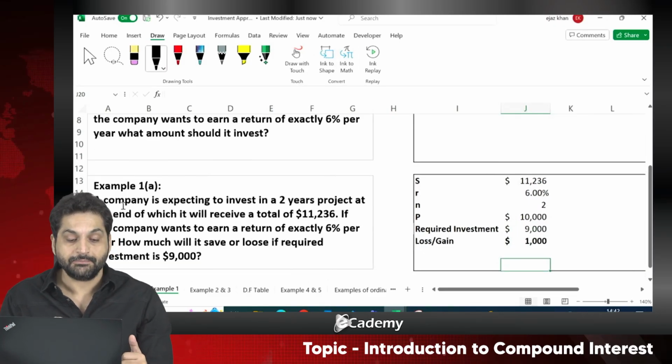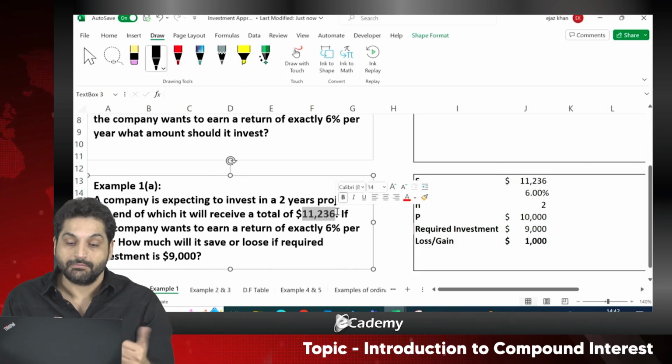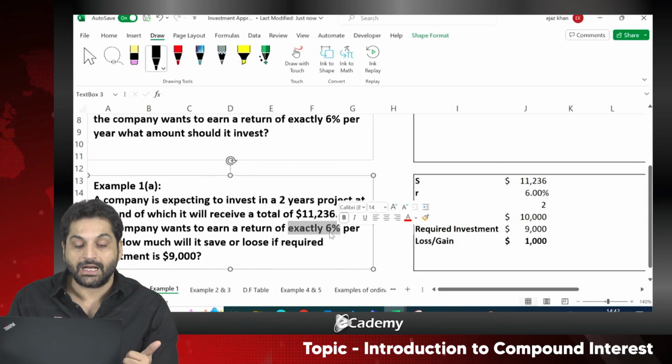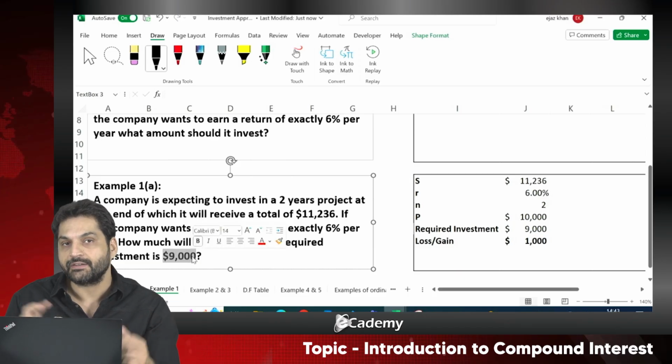Another example is a company is expecting to invest in a 2 years project, at the end of which it will receive a total of 11,236. Same figure. If the company wants to earn a return of exactly 6% per year, how much will it save or lose if required investment is $9,000? Now understand this question.